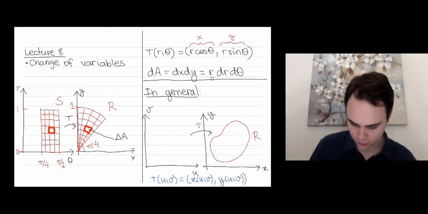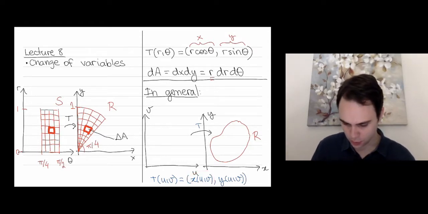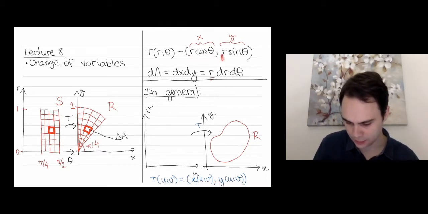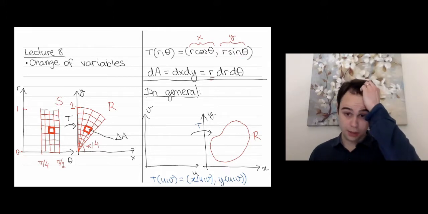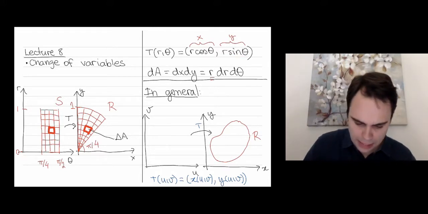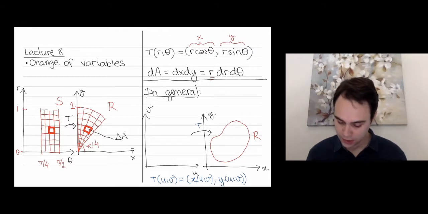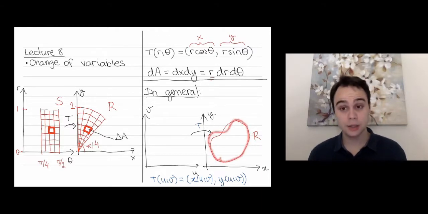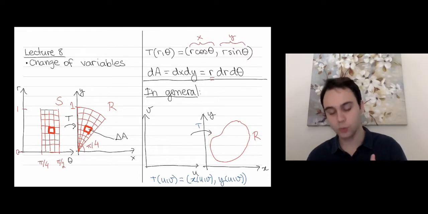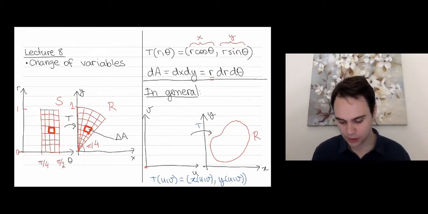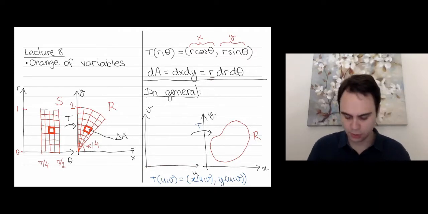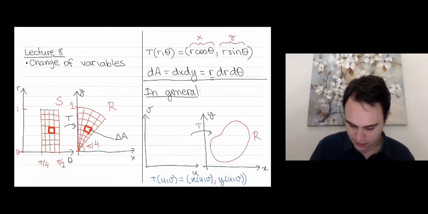Right, so in the previous example, x of r and theta was r times cosine theta, and y of r and theta was r times sine theta. The goal, given a possibly complicated shape R, would be to have a new coordinate system u and v, where the region corresponding to R is simpler.